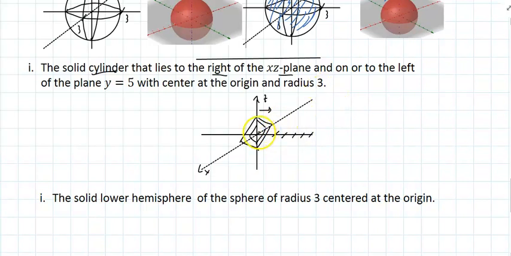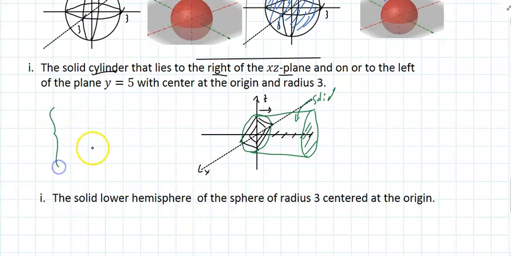So with a radius of 3, what that means, I'm going to go up 3, down 3, right and left. I only want that portion of this, and of course it's a solid. You just say solid, it's fine. How would you do that?